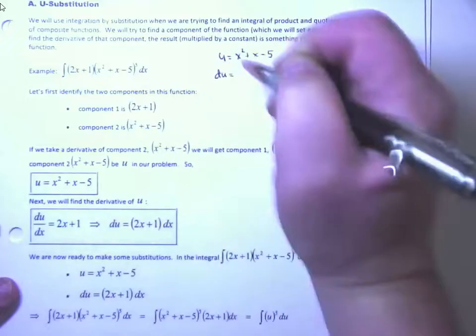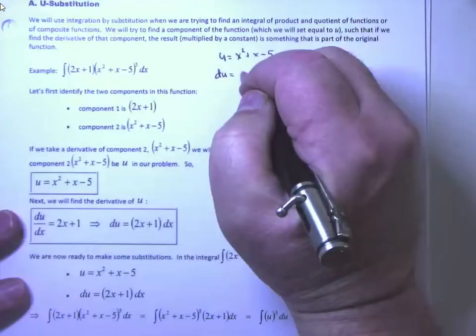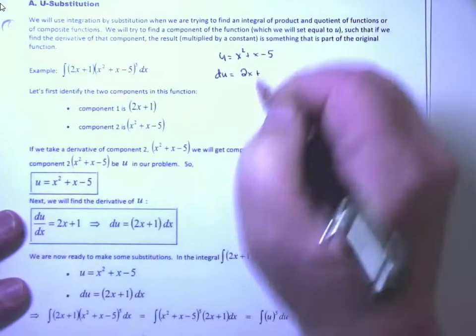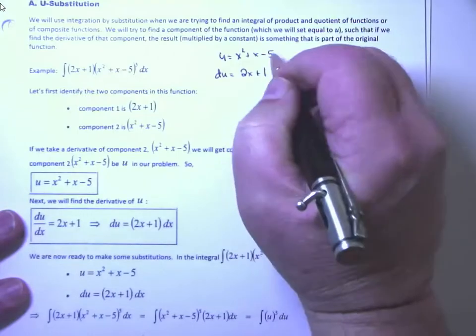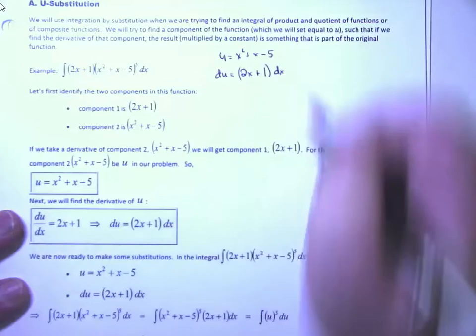Now d stands for derivative, so calculus 1's coming back to haunt you. For du, I'm going to take the derivative of u, and on the other side, I'm going to take the derivative of the x variables, and I'll put a dx on this. What is the derivative of x squared? 2x plus, what's the derivative of x with respect to x? It's 1, the derivative of minus 5 is 0, and I'll put parentheses around it and put a dx on the outside.